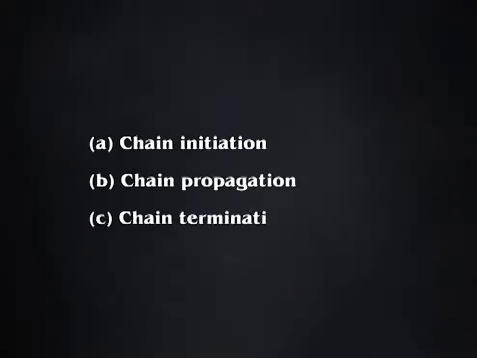The basic steps in the chain mechanism may be represented as chain initiation, chain propagation, and chain termination. In aromatic systems, however, the mechanism simply does not operate. In these systems, the reaction goes just like electrophilic substitution reactions.